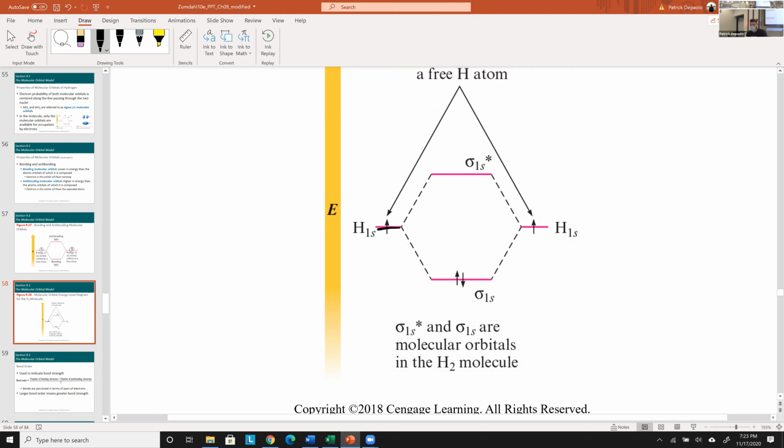So if I were to give you this as an example, you would do this. And this is a really crappy drawing. Oh no, what did I do? Yeah, so you do this. And this would be sigma 1s star. Or you could even just write sigma and then sigma star. And then this would be one electron here.